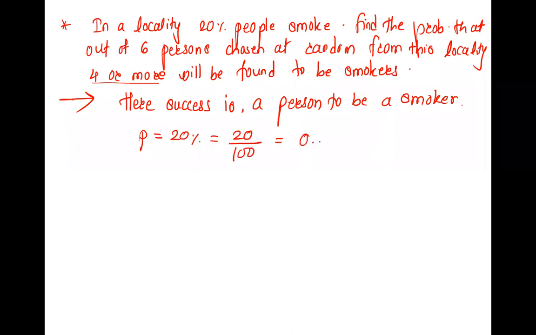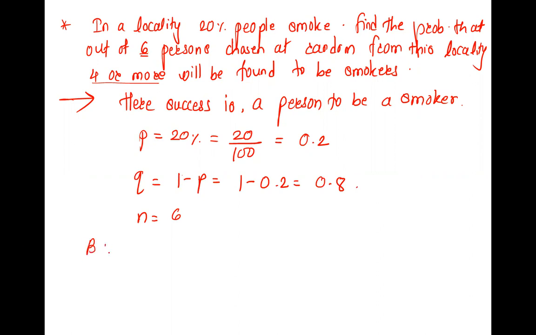Correct? Yes. So Q is 1 minus P, 1 minus 0.2, that is 0.8. And what is N here? 6 persons chosen at random. Very good. So we can go with binomial.